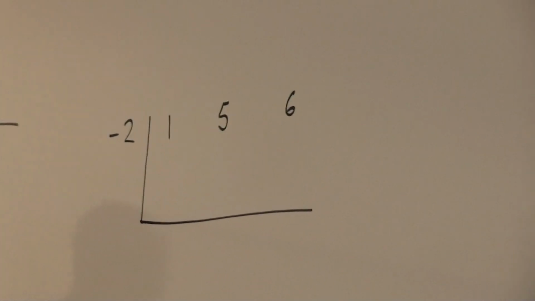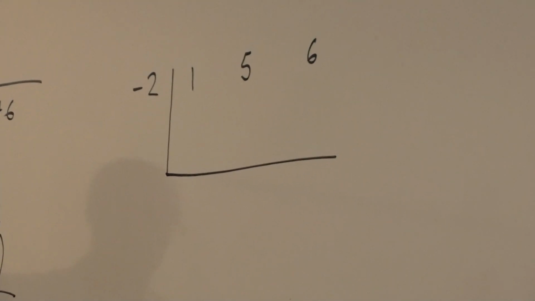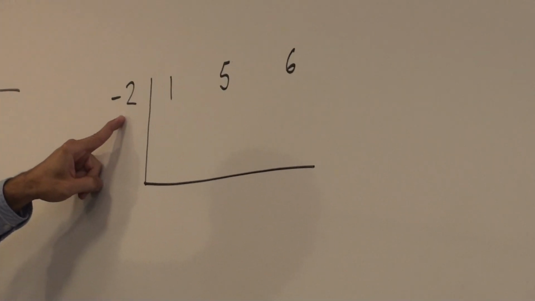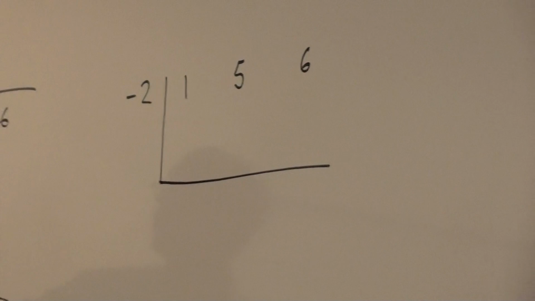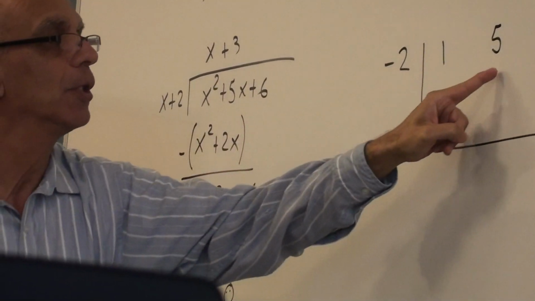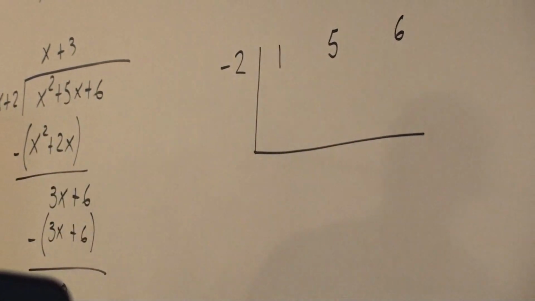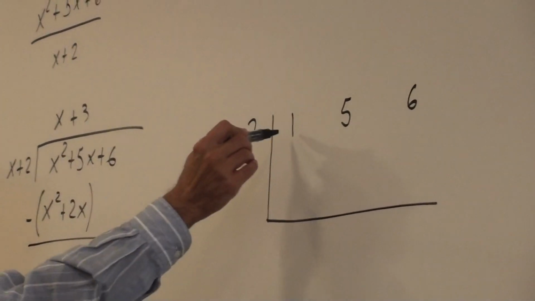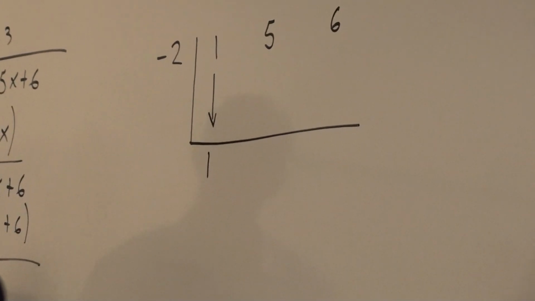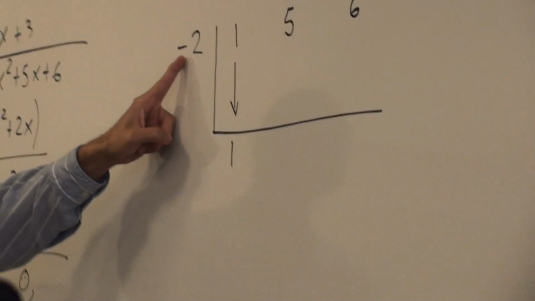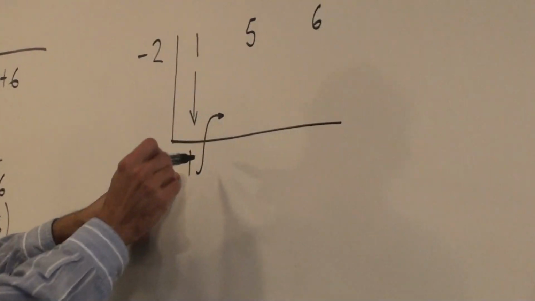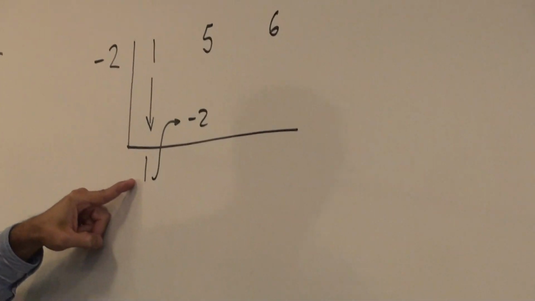First thing you do, remember, pick up this number, multiply by negative 1, and position right here. Then you pick the coefficients of the polynomial, okay, and position them there. Then the next step is you bring this 1 down, okay, bring 1 down like this. Then you multiply negative 2 times 1 and position right here. It's going to be negative 2, okay?